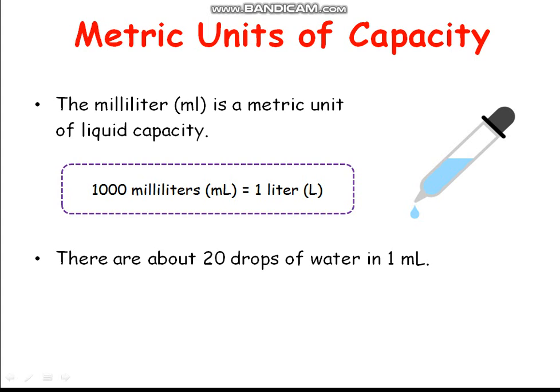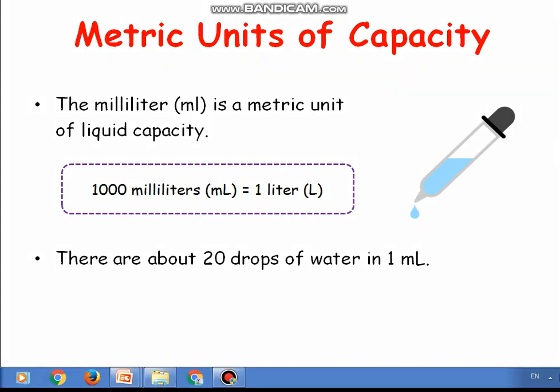Capacity here means the measurement of the liquid inside any container, and it is measured in something called the milliliter, liter, kiloliter. It's very similar to the measurements of the length, but instead of using the meter we will use the liter. With length we used to say kilometer, hectometer, decameter, meter, decimeter, centimeter, millimeter.